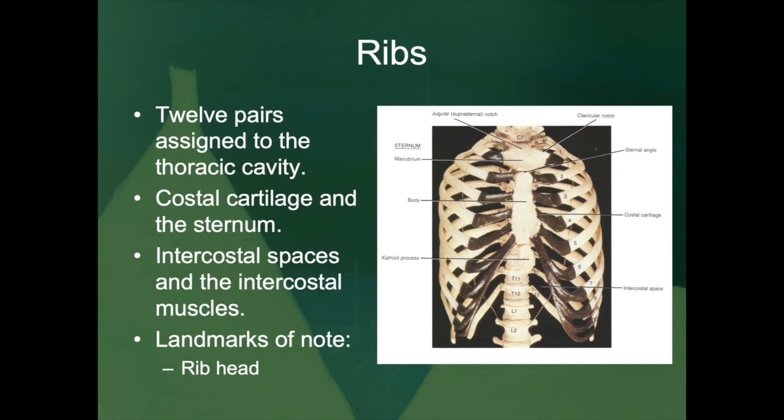So you have true ribs, those who are more directly connected to the sternum itself. You have false ribs because they're attaching to the cartilage of the 7th rib, and then eventually to the central portion of the thorax.